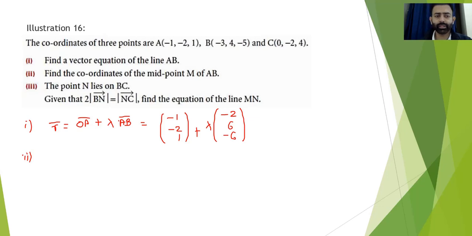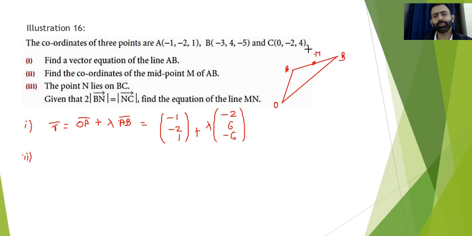Fine. Then we have to find out the coordinates of the midpoint M of AB. Right? So I think the diagram will help you. Again, the same diagram. This is O, this is A, this is B, and there is an M, which is the midpoint of AB.